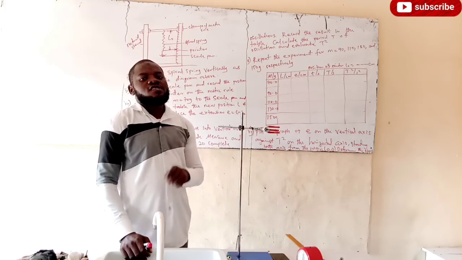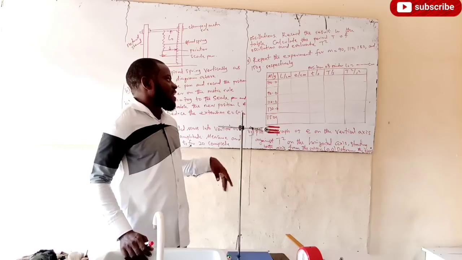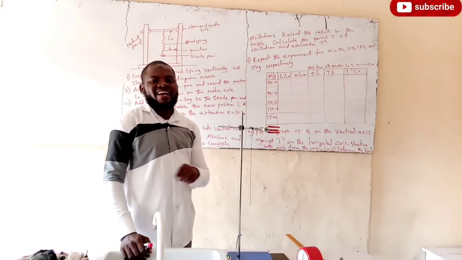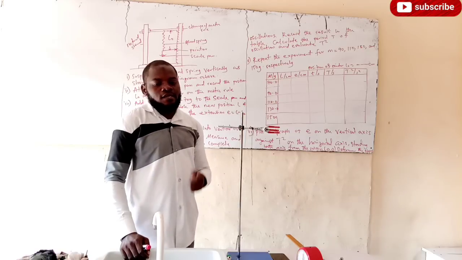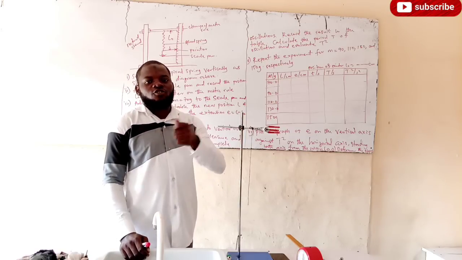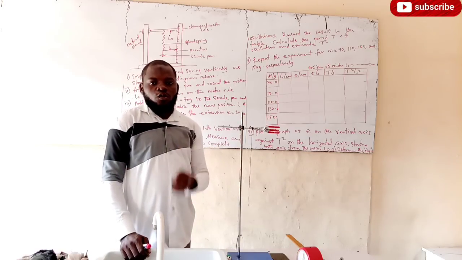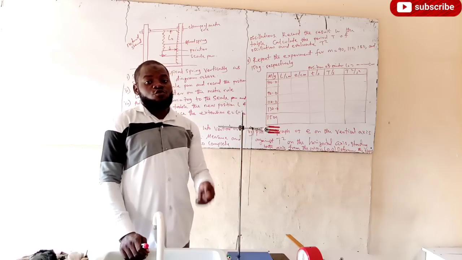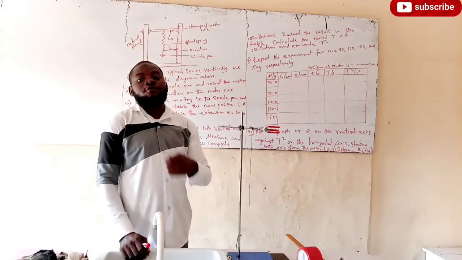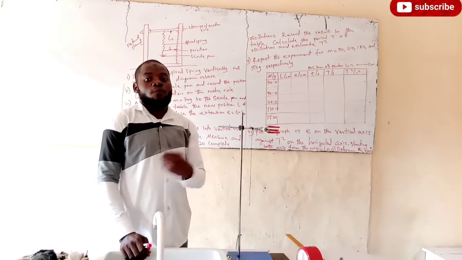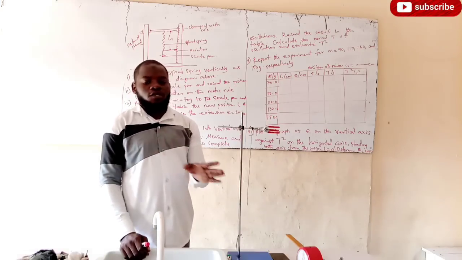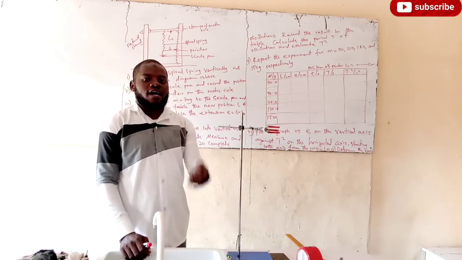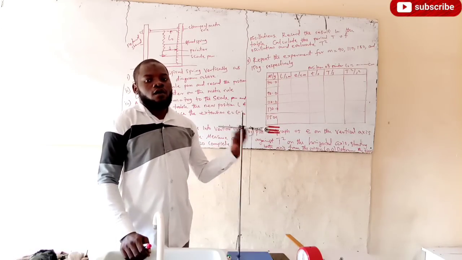Number two, they also have some parameters in the questions that they can easily use to test mathematically if the reading you get is correct. Although they are going to give you a room of error of plus or minus 0.5. When you commit such error, they overlook it. They know that it is regarded as experimental error.